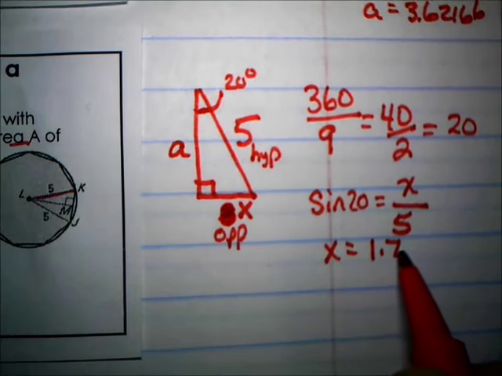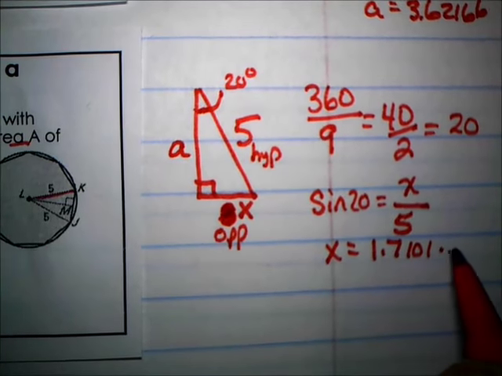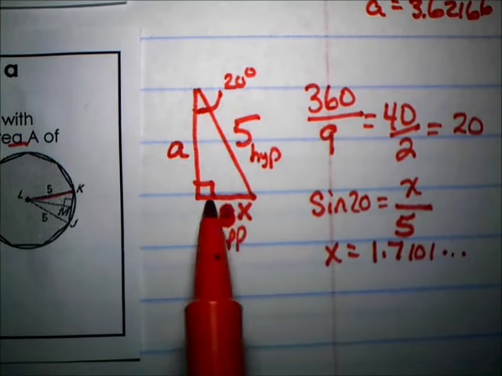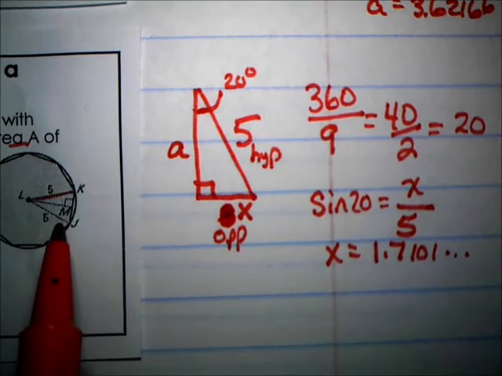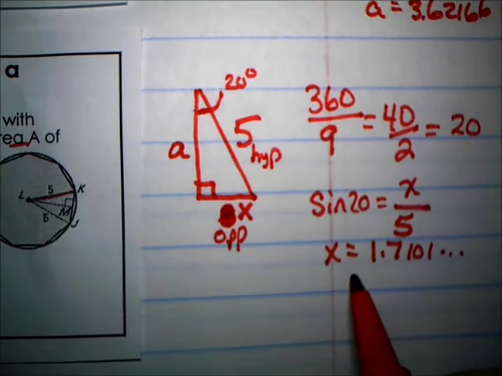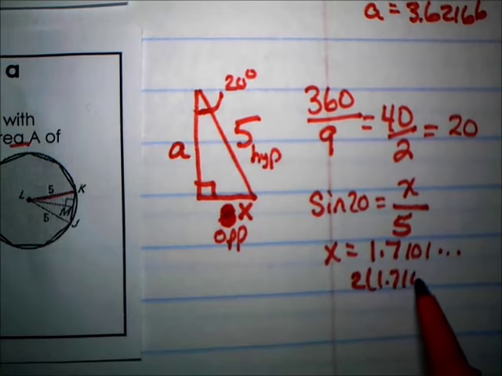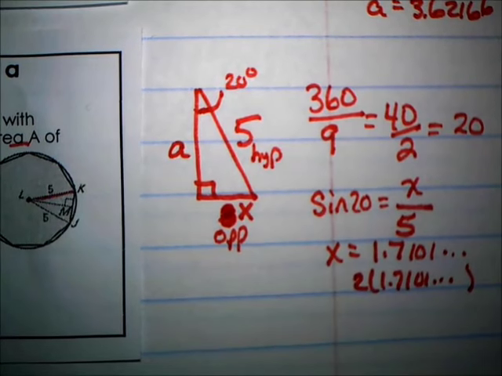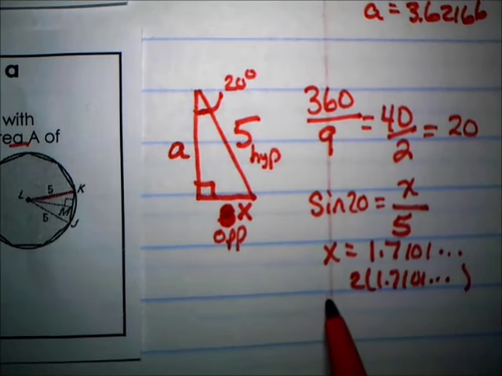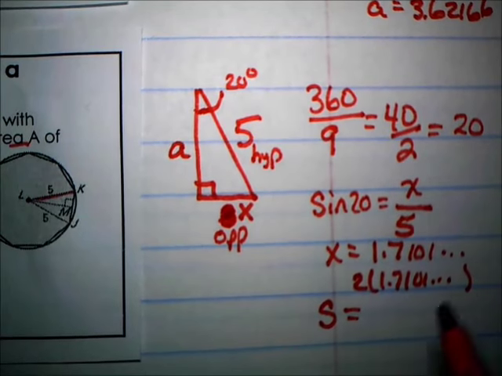This equals 1.7101 and on and on. Now that's only half of it because this splits it into 2 small triangles. So I actually need to double this in my calculator. So I'm going to multiply it times 2, which means a side of my nonagon is about 3.420.